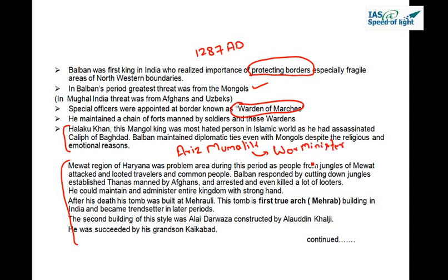So this person Firoz was the warden of the marches. He was a good leader who had fought many battles. He was called to Delhi and he was made war minister, or Ariz-i-Mamalik. Now in 1290 AD, Firoz took a bold step by murdering Kayomars, who was now ruling the Sultanate, and he seized the throne.